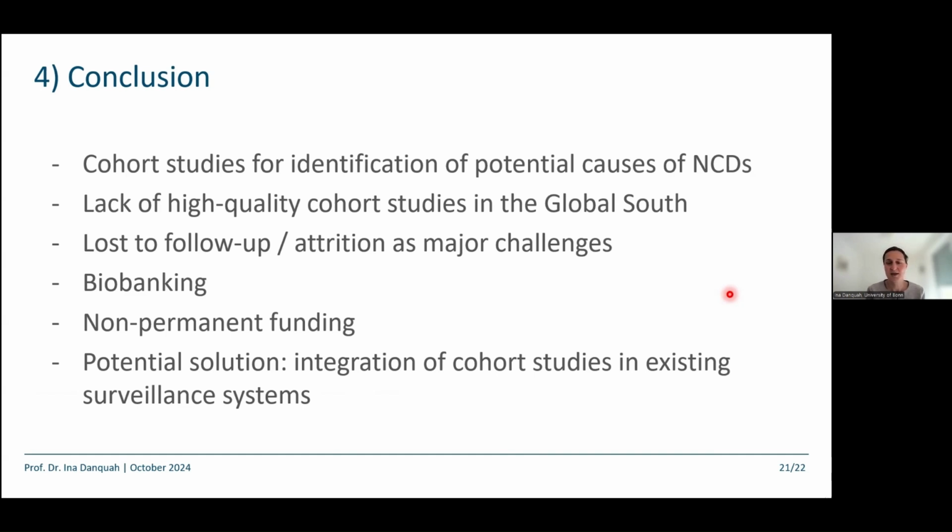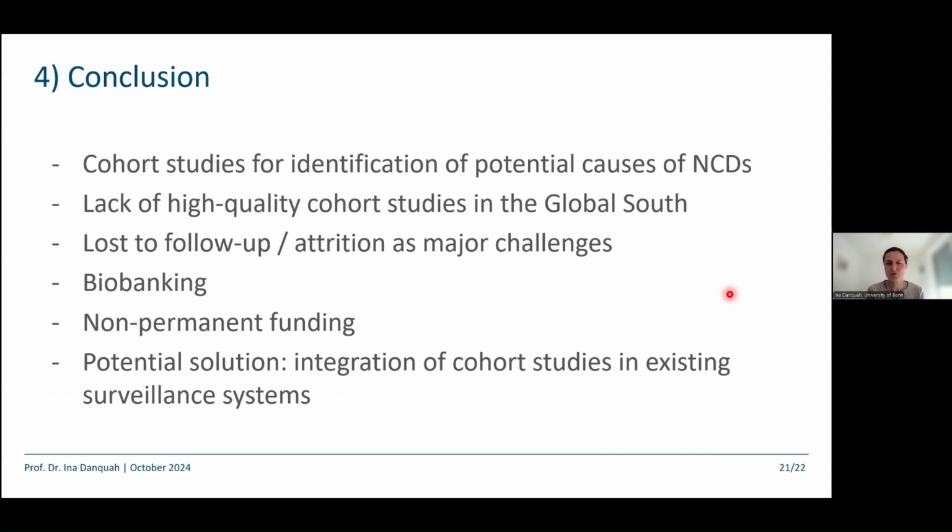So quite often, partners have been lucky in obtaining funding for establishing the cohorts, but then how do we fund the continuation of that and make sure we can have repeated measures to closely monitor whether the outcome develops or not. And you can see even from our example, that was the same case. So even if we are now lucky trying to retrieve and trace a lot of participants from 20 years ago, we still don't know what happened in the 20 years between. So we have like a blind spot here.